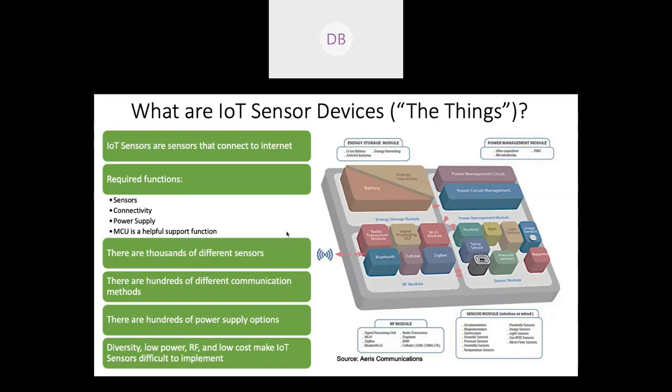Similarly, low cost is another aspect that makes an IoT sensor difficult to implement, because as I told you, sensors are the costliest part of any system. A simple example I would like to quote: a simple Nano car carries four people and has four tires.